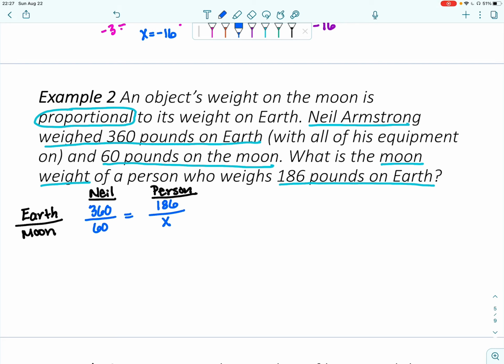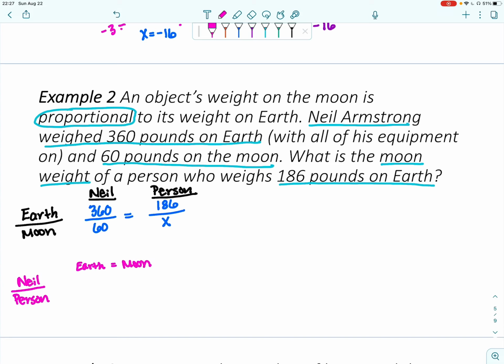You could also set up this proportion by doing Neil over the person and doing a ratio for Earth weights equal to moon weights. Totally fine. It will get you the same answer. But you have to be consistent.